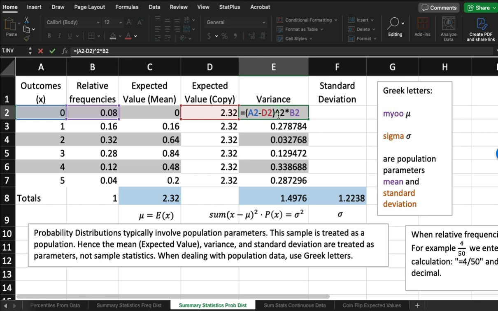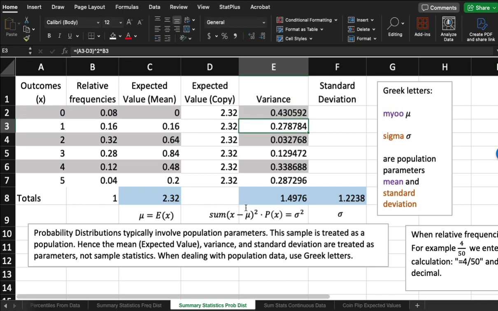And then we need this caret. The caret symbol is your exponent key in Excel, and it's the symbol that's right above the number 6 on your keyboard. So hit that caret key and type 2 because it's being squared. And then times B2, which is our probability. So equals parenthesis A2 minus D2, close parenthesis, caret 2 times B2, hit enter, and you can fill that down.